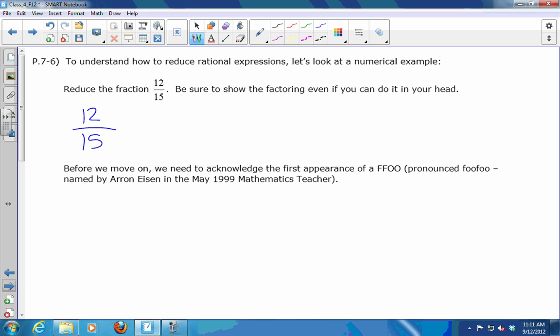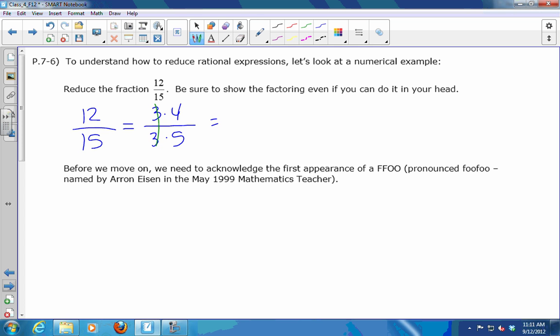Factoring, yes. So I'm going to write each number in factored form. So 12 I could write as 3 times 4, and 15 I could write as 3 times 5. And that's why dividing by 3 works, because really what I'm doing is canceling a 3 that's in the top and the bottom.